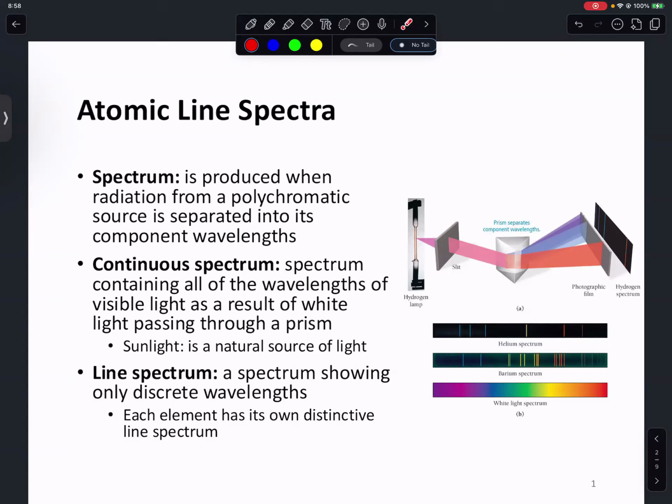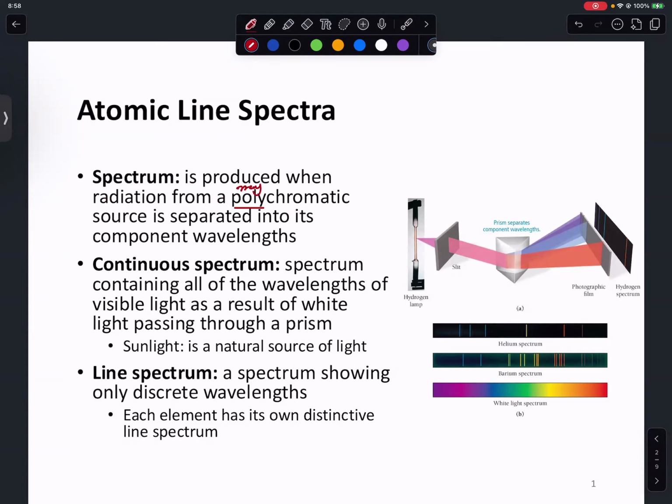So a spectrum is produced when a radiation or a source of light is polychromatic. The word polychromatic here, poly is many, okay?